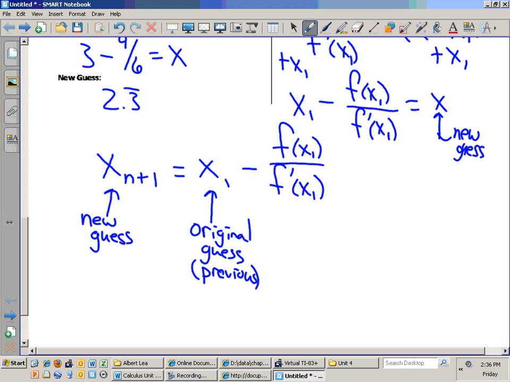And using that formula, we could come up with a really good estimation for, say, the square root of 5.